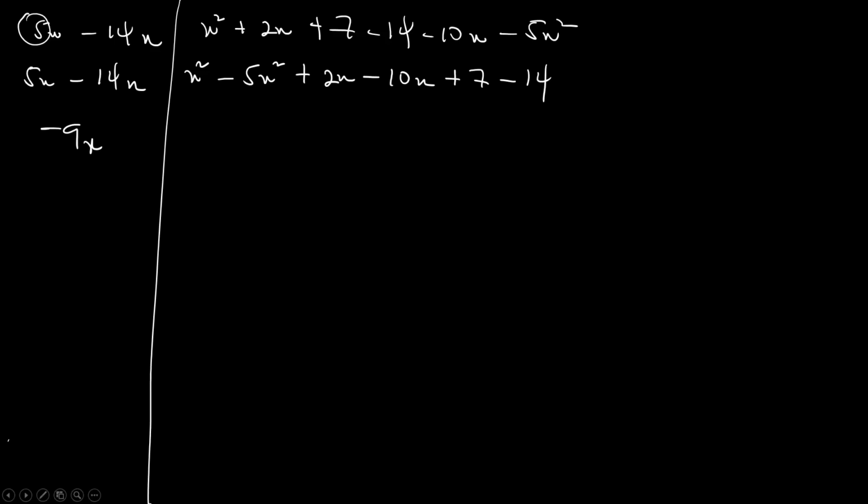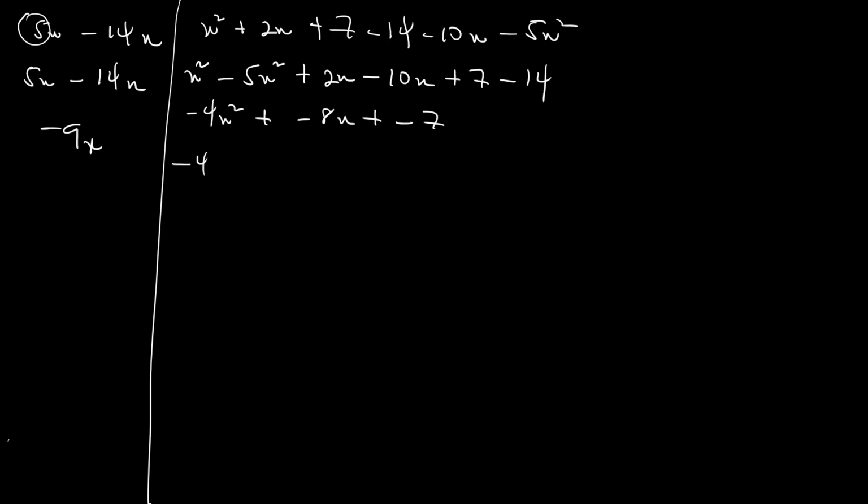Okay, so we subtract the coefficients. So what we have here is 1. So we have 1 minus 5, which is minus 4x squared, plus we have 2 minus 10, which gives us minus 8x, then plus 7 minus 14, which gives us minus 7.